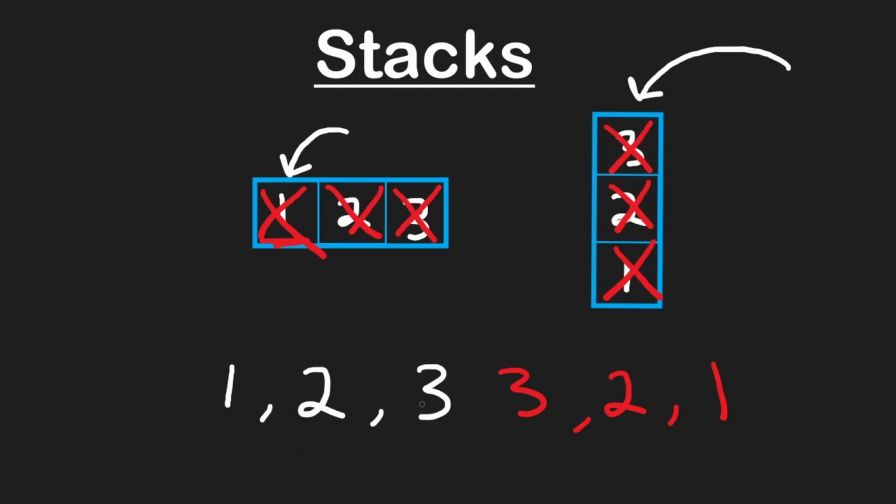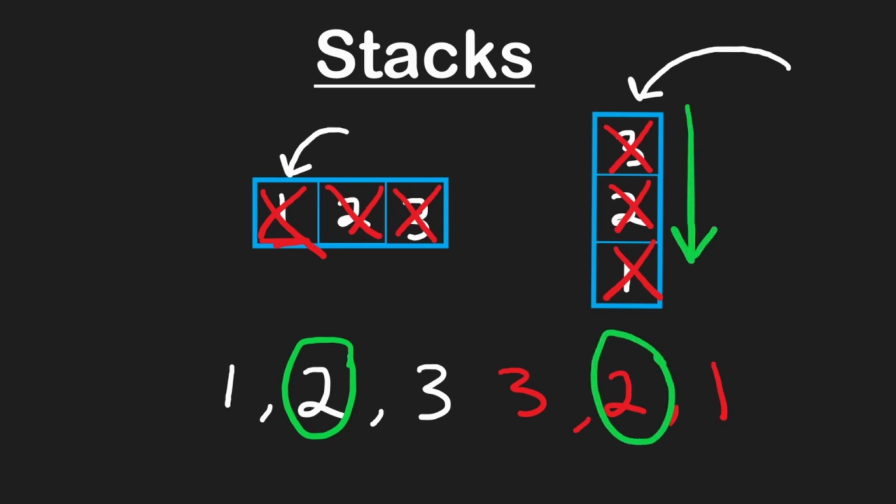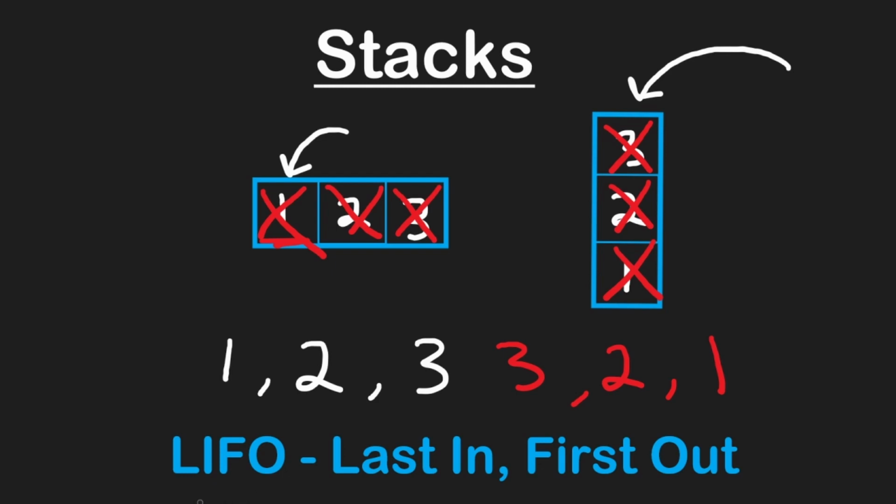In other words, the last element that was added to the stack is going to be the first element that's removed from the stack. The second to last element that was inserted is going to be the second to last that was removed if we pop all of the elements. So stacks are considered a LIFO data structure. That means that the last in is going to be the first out.